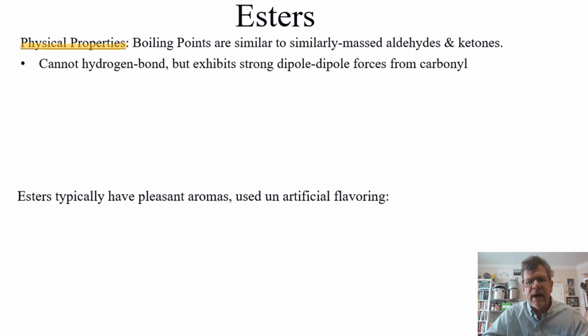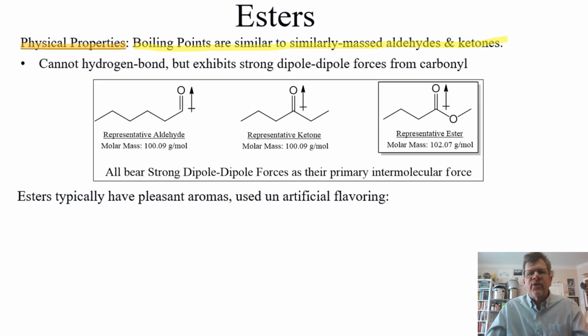Well, it turns out that the boiling points of esters are similar to those of aldehydes and ketones of similar mass. Because if we look at the structure over on the right-hand side, there's an ester. Esters cannot hydrogen bond. Right here we have an O carbon bond. We have to have an OH bond in order for it to hydrogen bond like carboxylic acids. Well, we don't have that. All we have is that carbonyl, which has strong dipole-dipole forces.